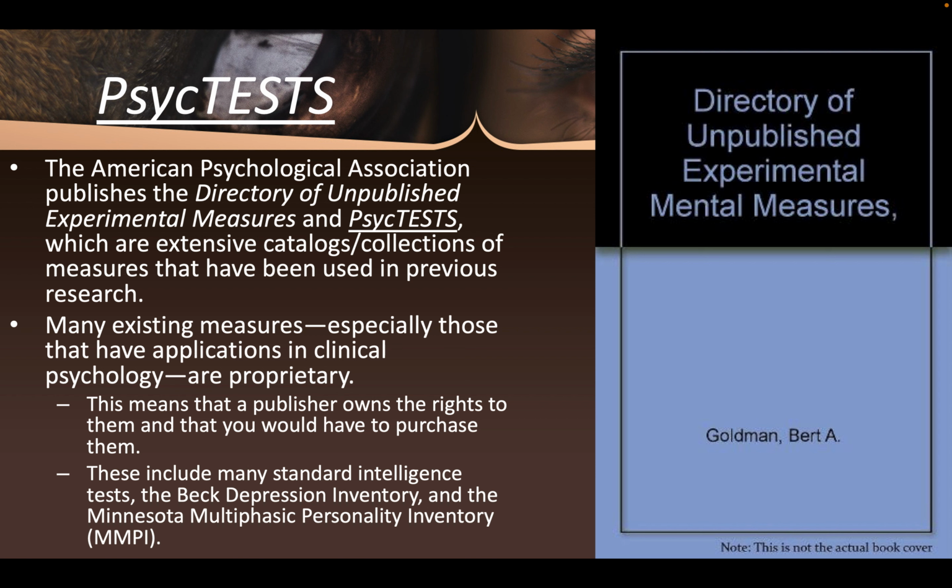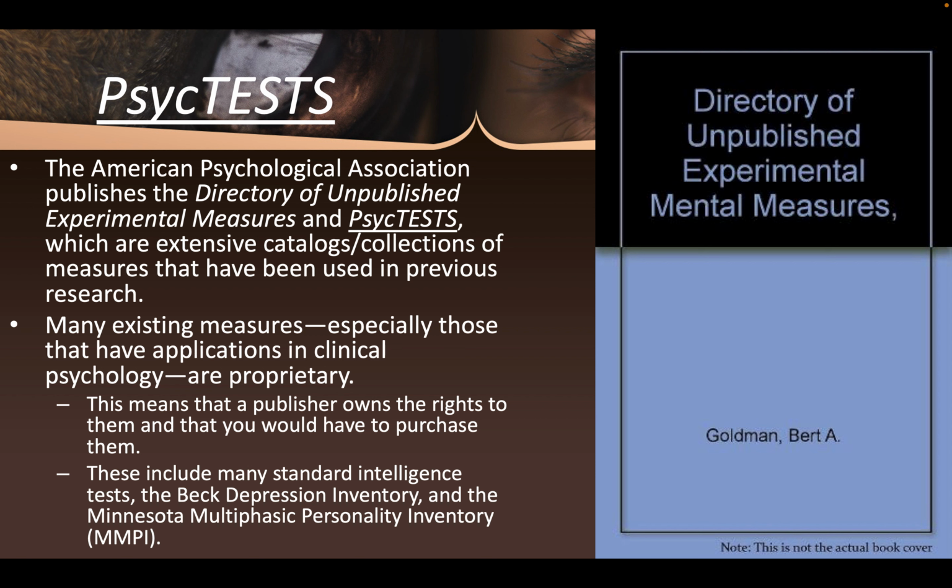Well, maybe. The American Psychological Association publishes a directory of unpublished experimental measures, and PsycTests, which are extensive catalogs, collections of measures that have been used in previous research. And you need to use these if you possibly can. Many existing measures, especially those that have applications in clinical psychology, are proprietary.